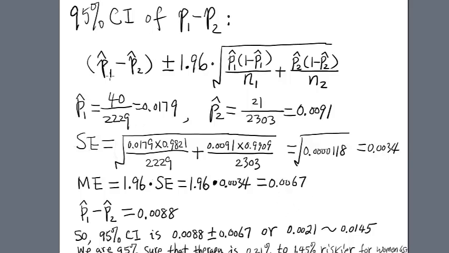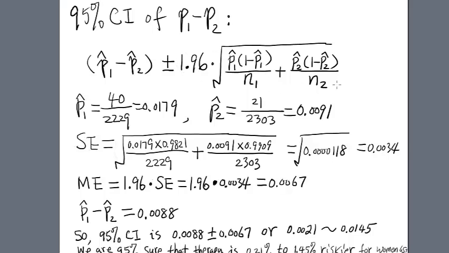The confidence interval is given by P1 hat minus P2 hat plus minus the normal critical value 1.96 times this part, which is called standard error, and the whole part here is called margin of error.